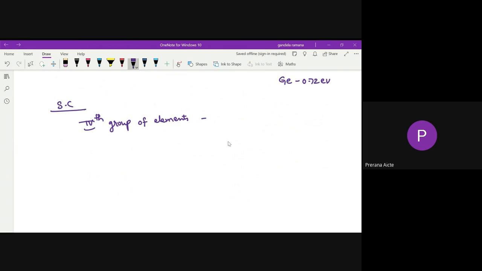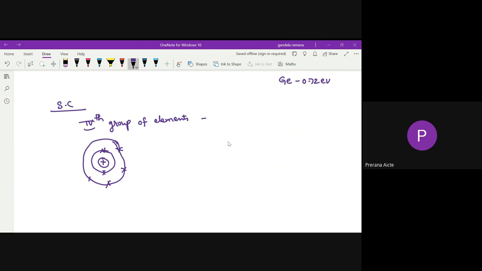Semiconductors means valency 4 electrons. This is the atom with the nucleus. Here the first orbit consists of 2 electrons. In the second orbit, 4 electrons are there. 4 plus 2 is 6.